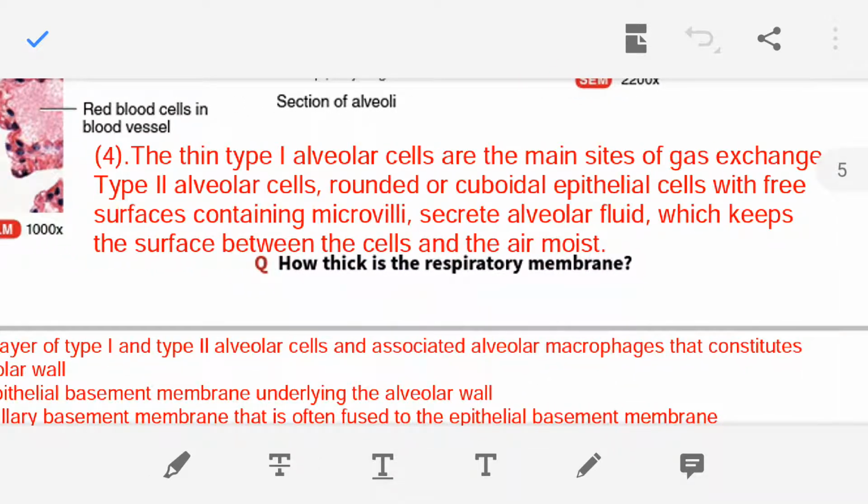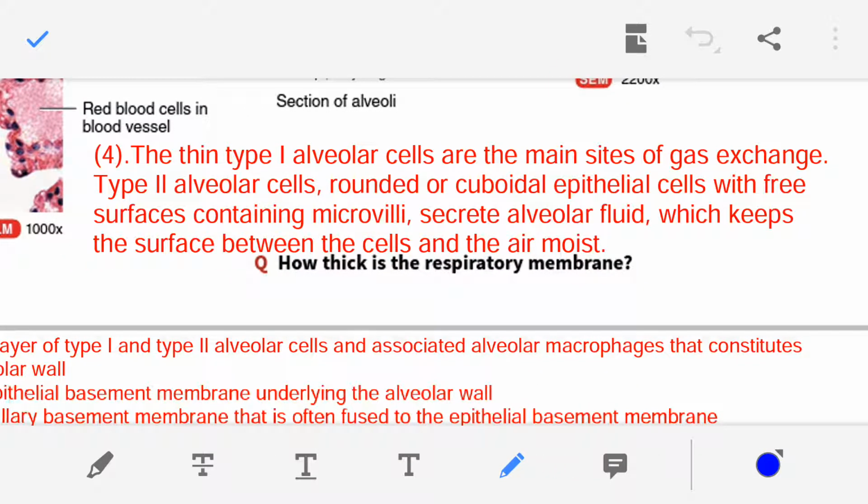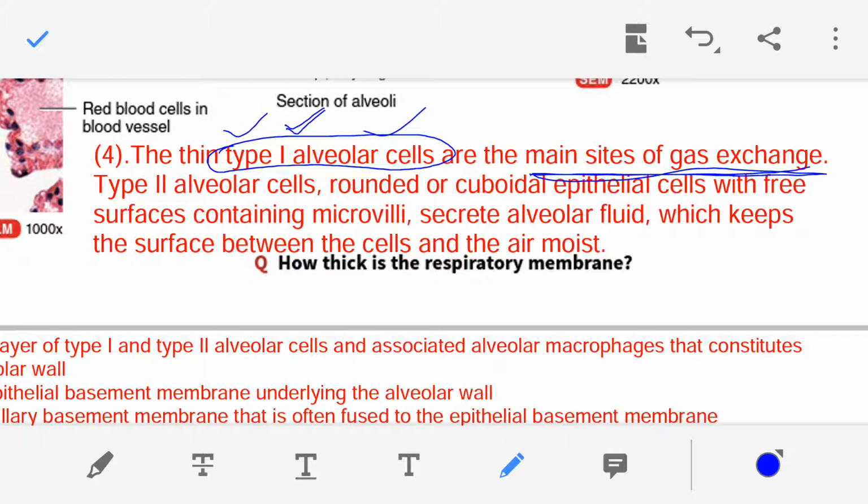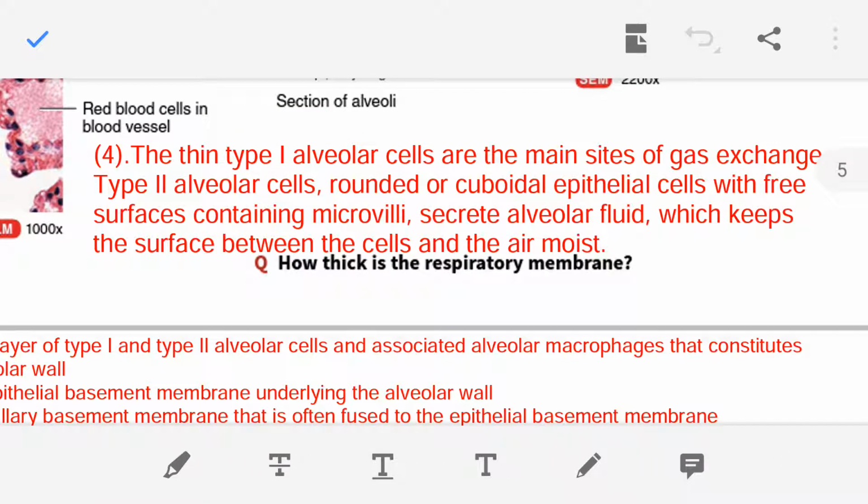Now the type 1 alveolar cells are the thinner ones, and these type 1 alveolar cells are the main site of gas exchange, meaning exchange of oxygen and carbon dioxide. We should remember that type 1 alveolar cells are the main site for gas exchange to take place.